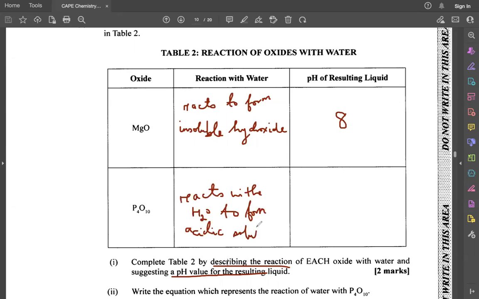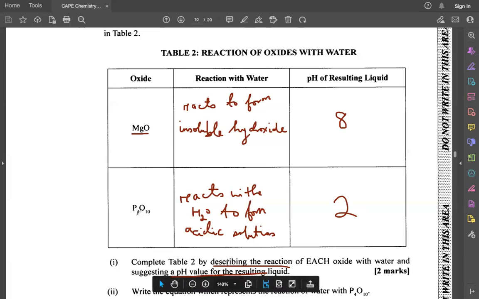So of course, the resulting pH is going to be different, right? For both of those resulting liquids. And so in this case, for the P4O10, we get a pH of 2, right? So just keep that in mind there, is that you might have different acid-base character of the resulting compound that forms when the MgO reacts with water, versus the P4O10 reacts with water, right?